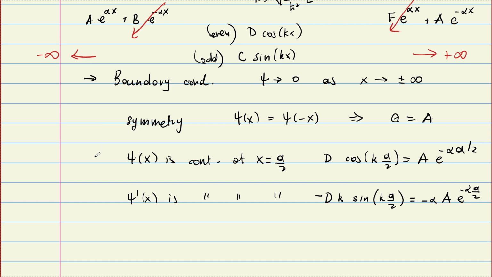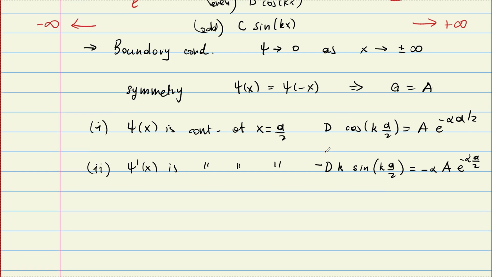So what I'm going to do is I'm going to take the second equation and divide it by the first, and sine divided by cosine, I'm going to write it as tangent, and these d's are going to cancel. So let's write everything.